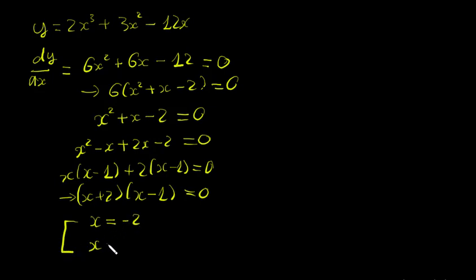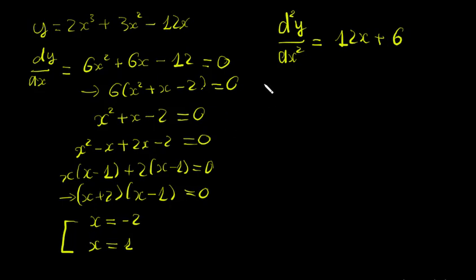So we have two possible values, x equals minus 2 and x equals 1. Now we will determine which one is the maximum point and which is the minimum point. First we find the second derivative of the equation: d squared y over dx squared equals, differentiating this, 12x plus 6.